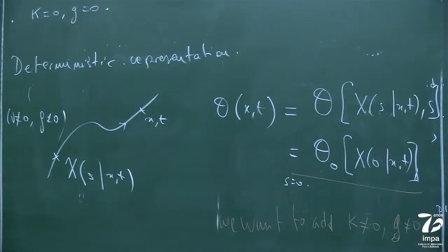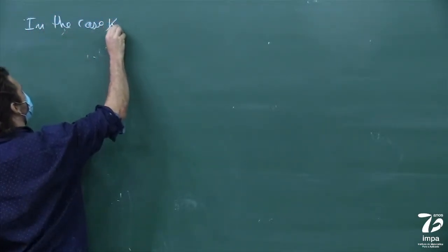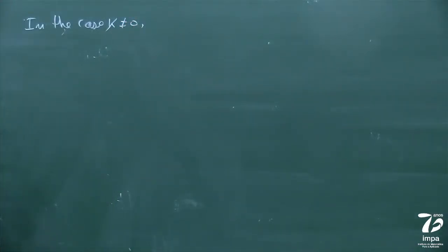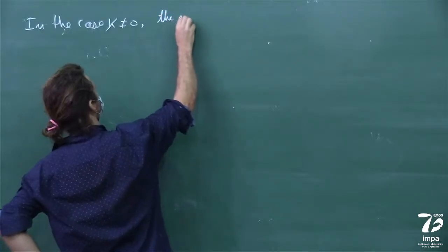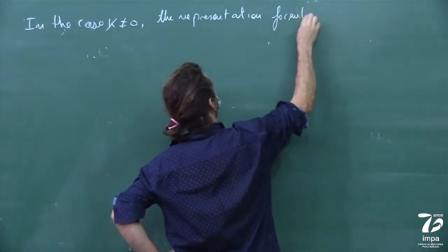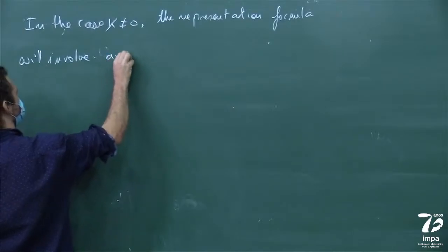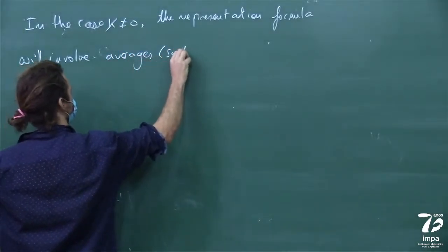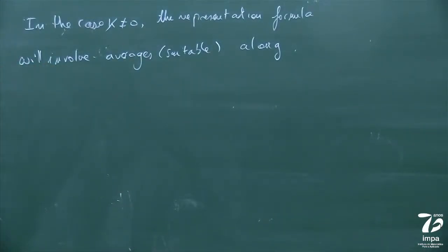In that case, where kappa is not 0, the representation formula will involve averages, in a suitable fashion, along what we may define as noisy trajectories.